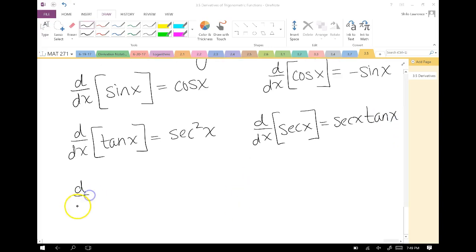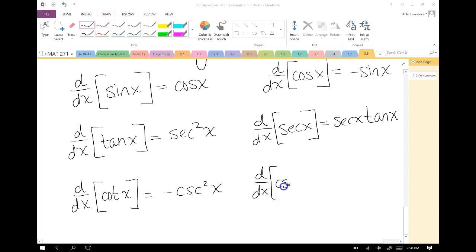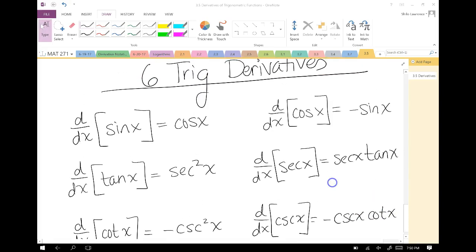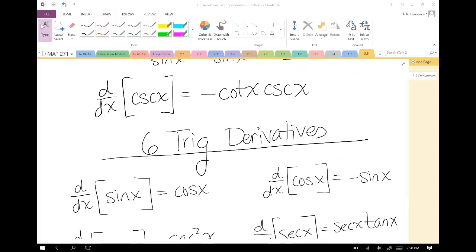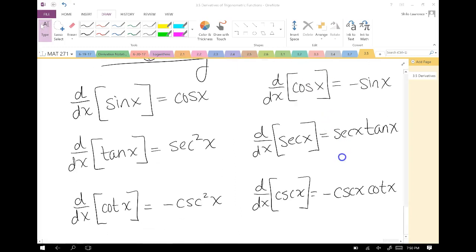The derivative for cotangent is negative cosecant squared. And the derivative for cosecant, which we just did, is negative cosecant cotangent. I think we switched those up here, but it doesn't matter. It's multiplication, so they can be written in either order.